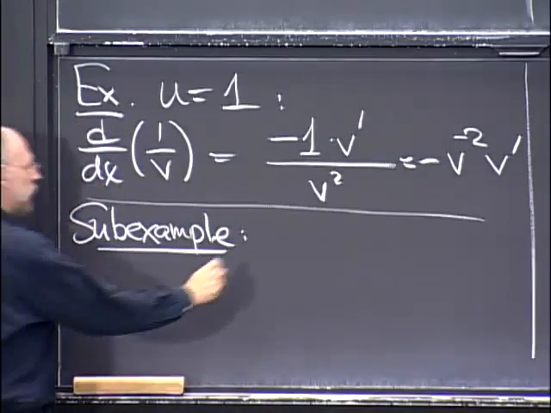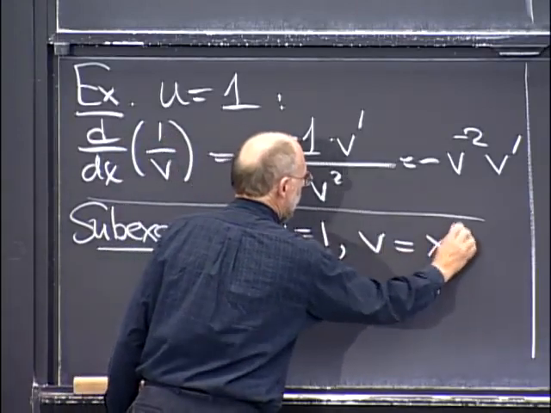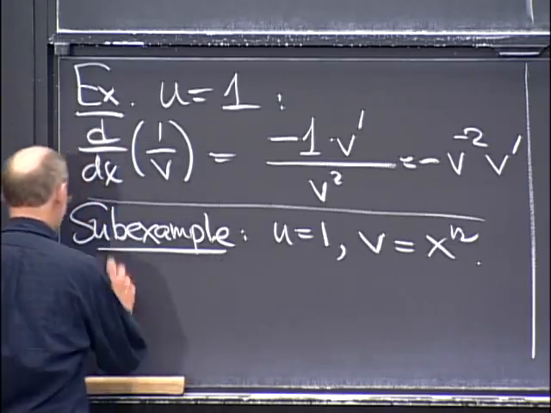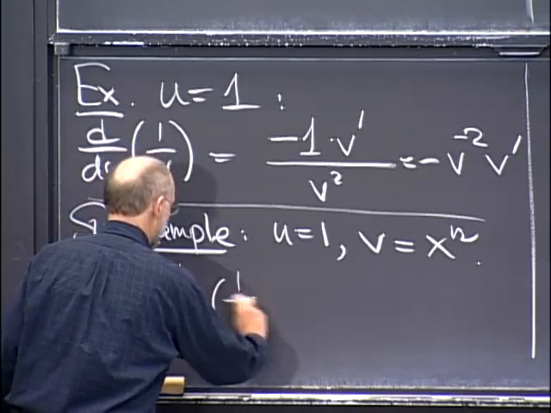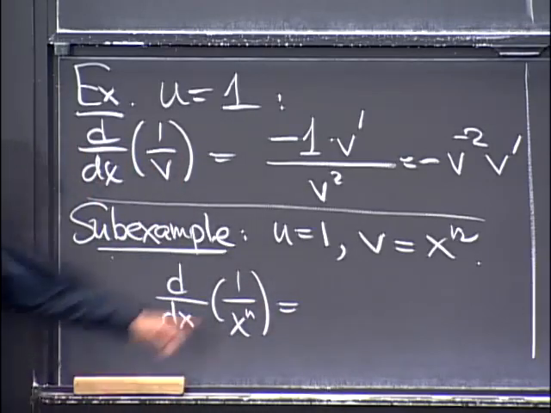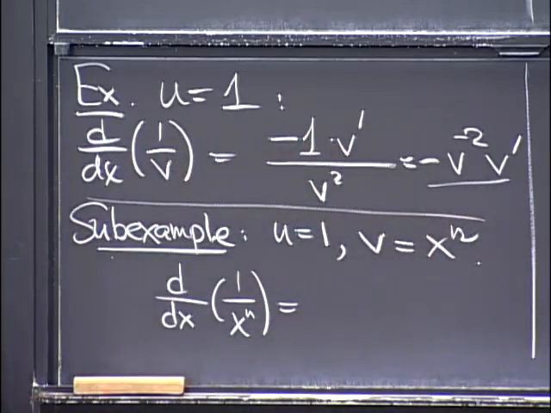I'm going to take the special case where u is equal to 1 again, and v is a power of x. And I'm going to use the rule that we developed earlier about the derivative of x to the n. So what do I get here? D over dx of 1 over x to the n is, I'm plugging into this formula here, with v equals x to the n.